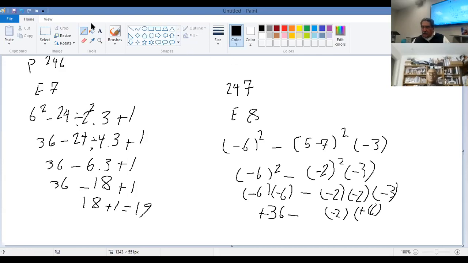But let me clean up here. Yeah, but you work right to left and not left to right. Yeah, I go this way. It doesn't matter. You can do it that way too. You still get the same answer.